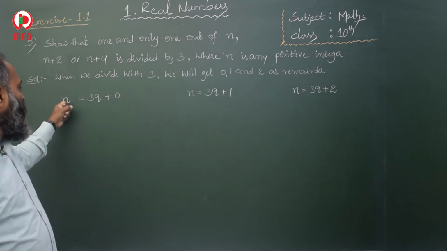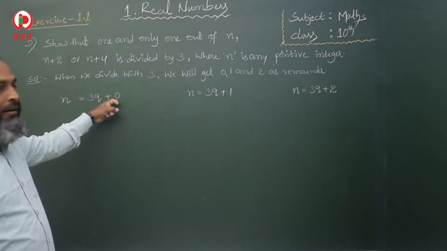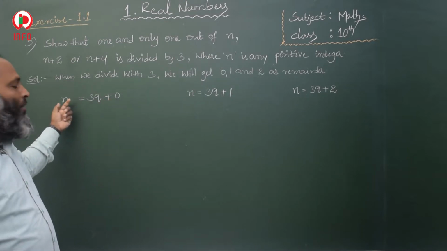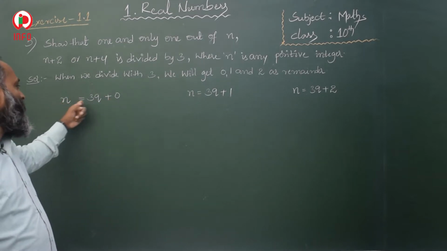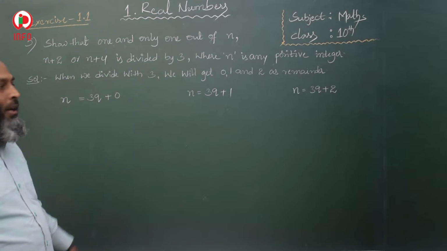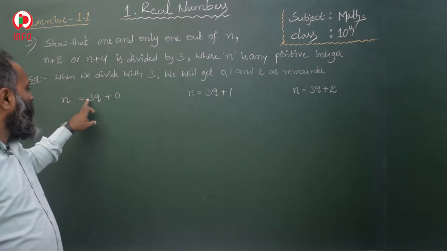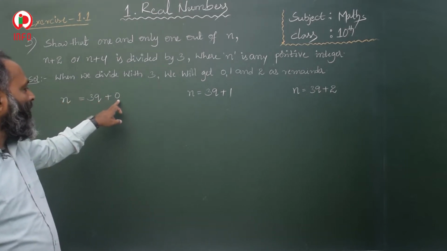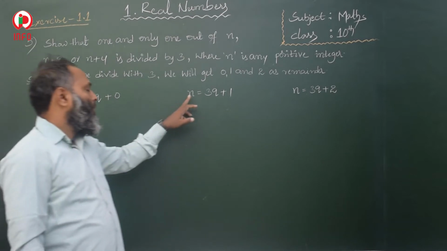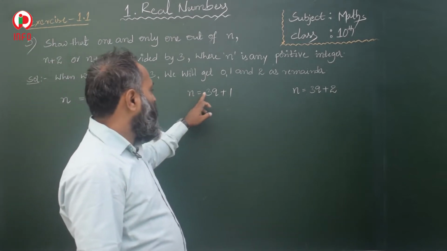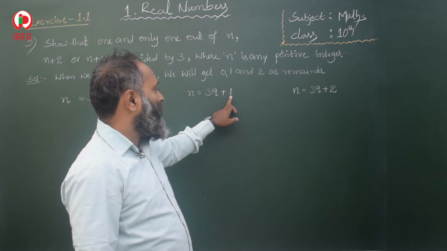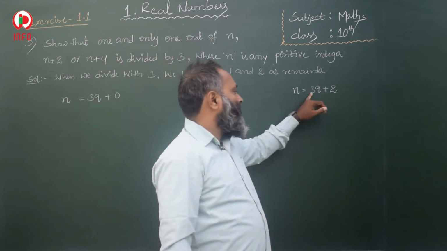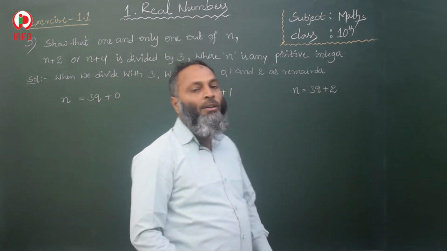That is, dividend is equal to divisor into quotient plus remainder, so n is equal to 3q plus 1, and n is equal to 3q plus 2.